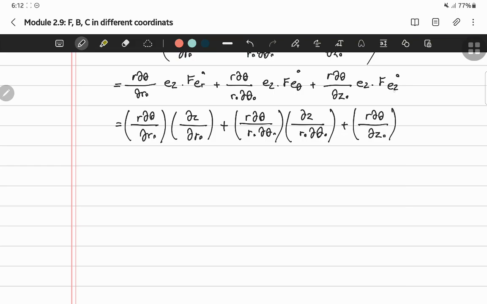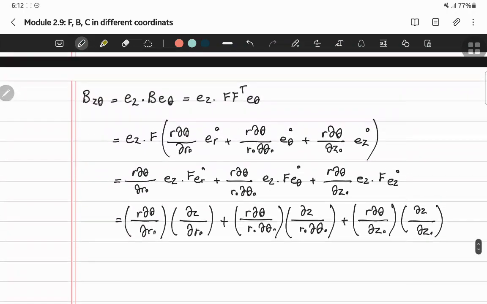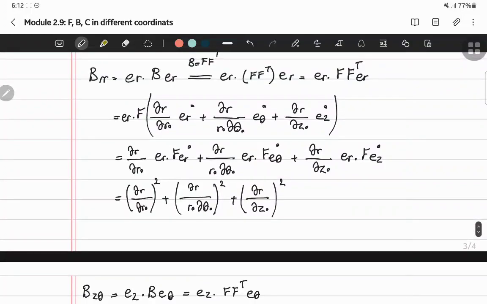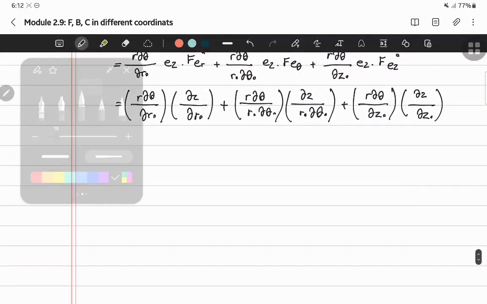Then we have EZ dot F EZ0, so it is derivative of Z with respect to Z0. All right. You can find the rest of the components just by following this strategy in here.